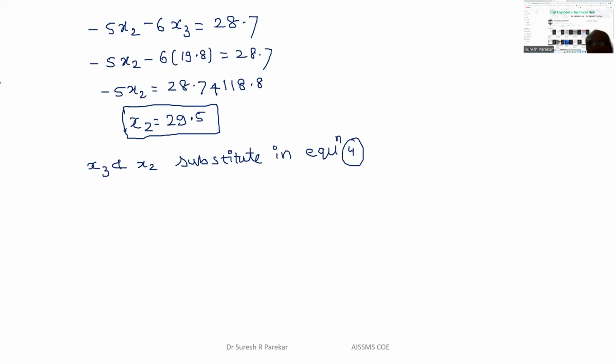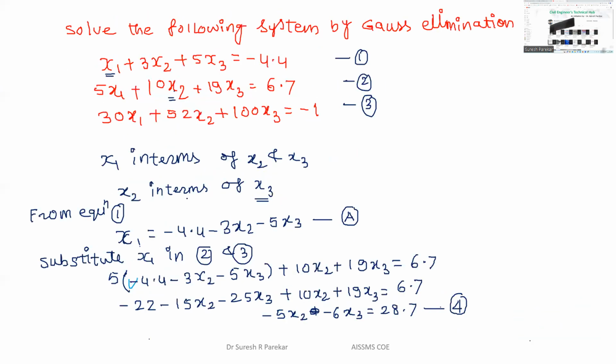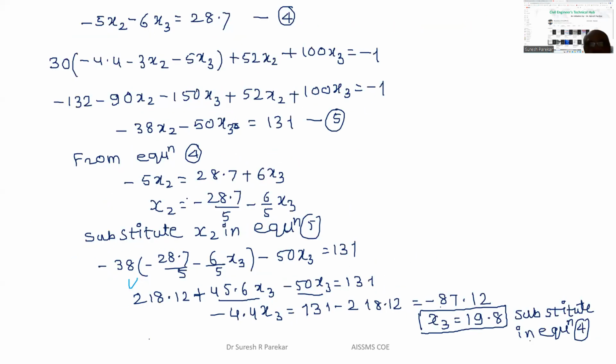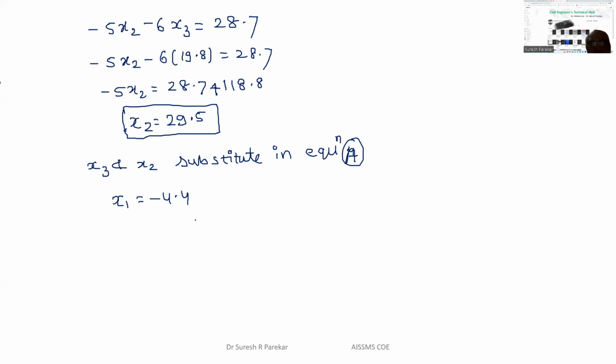So I will write capital A: x1 we have minus 4.4, then we have minus 3x2 minus 5x3.